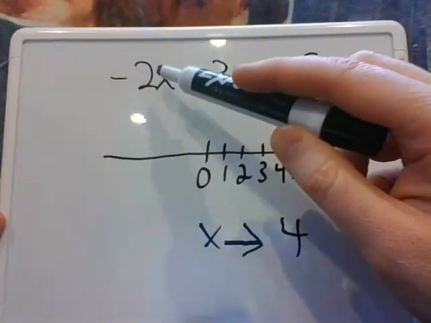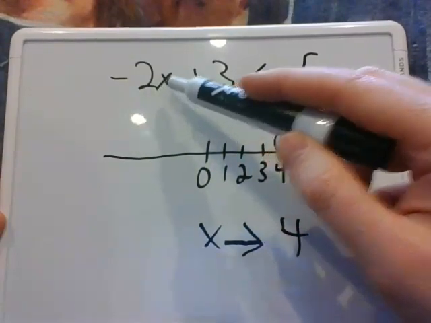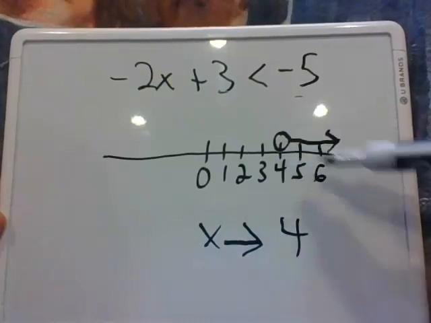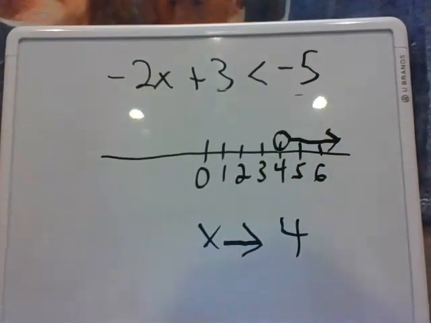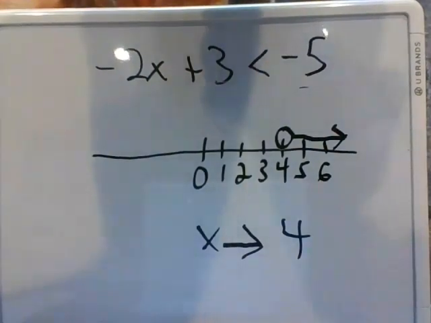Anytime you see this negative next to the number next to x, your variable, you know that you have to flip your inequality. So this is one of the things that you're going to have to do. I would just go ahead and solve it and then pick the correct graph. So again, if you have questions, email me or put it on a Google Classroom, and I will talk to you soon.